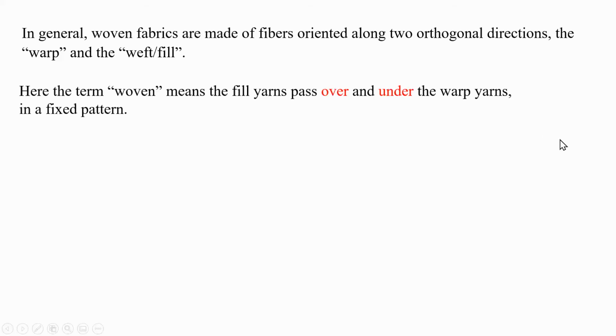Now, in general, woven fabrics, although it is possible to have a manufacturing process where the warp and weft directions are not orthogonal to each other. But if you look at your clothes, for example, they are orthogonal to each other. They don't have to be.